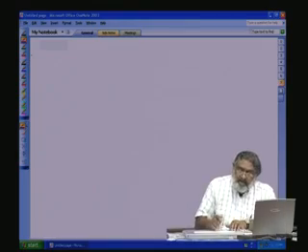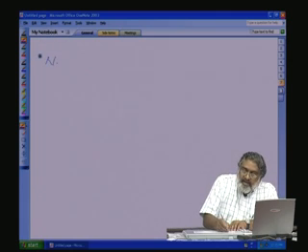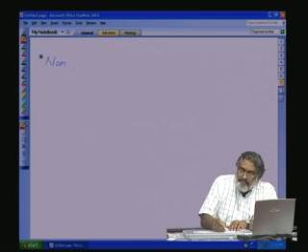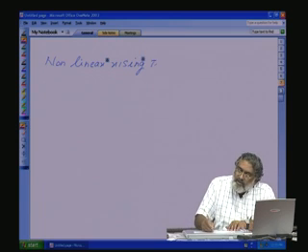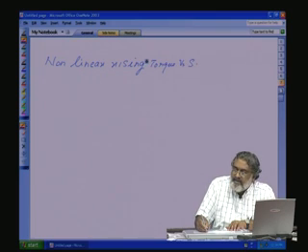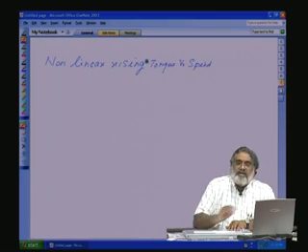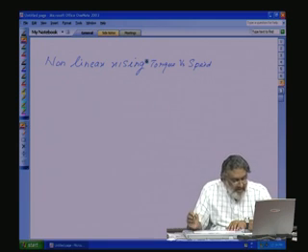Now the third example is non-linear rising, that is the parabolic characteristic. Non-linear rising torque speed characteristic, torque versus speed characteristic.